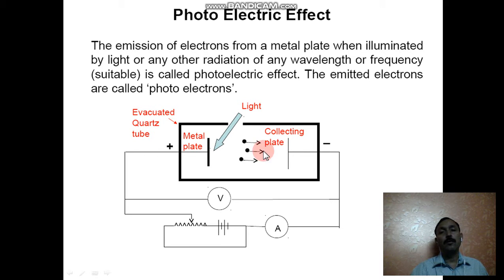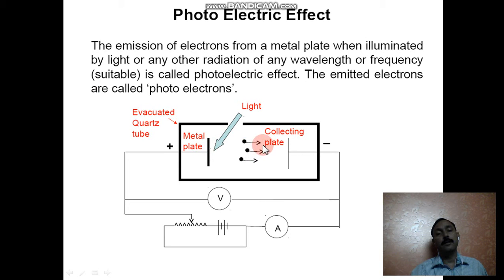The emission of electrons from a metal plate when illuminated by light or any other radiation of suitable frequency is called the photoelectric effect. The emitted electrons are called photoelectrons. This is the metal plate where light of suitable wavelength is falling, and electrons are emitted.